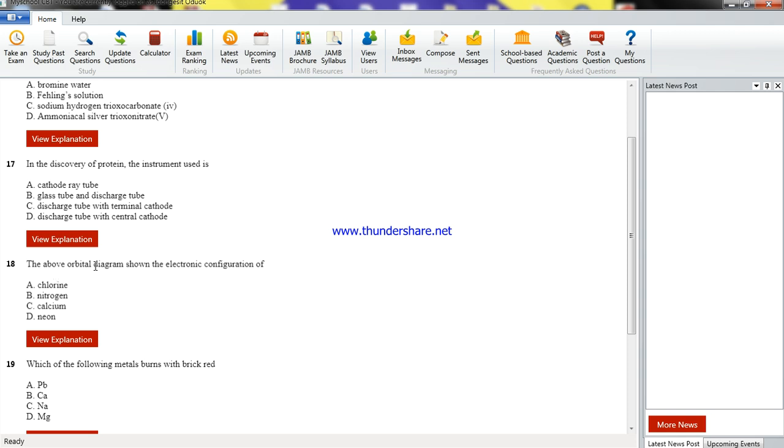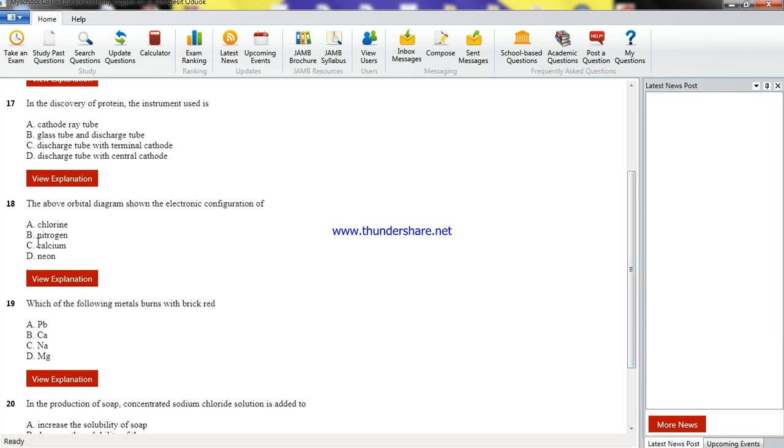Okay, the next question says the orbital diagram. Sorry that the diagram is not displayed, but it was actually referring to the diagram for nitrogen. So you should be able to get the diagram, at least for the first 20 elements. Take note of the shell electronic configuration and the orbital electronic configuration for those first 20 elements.